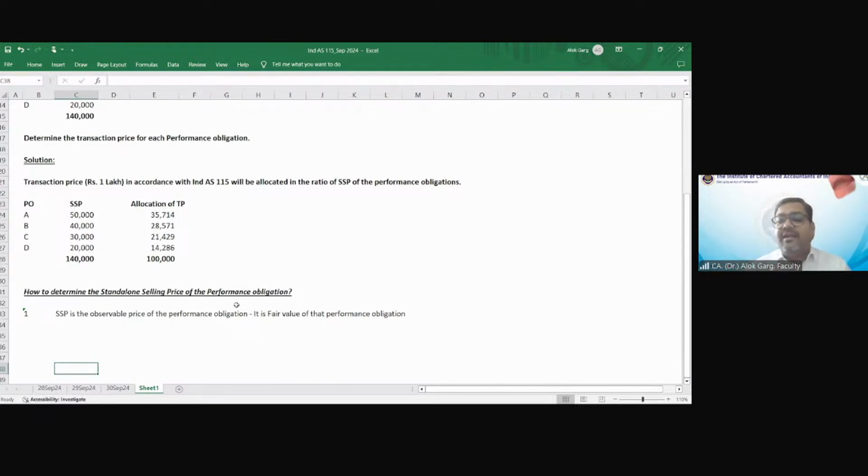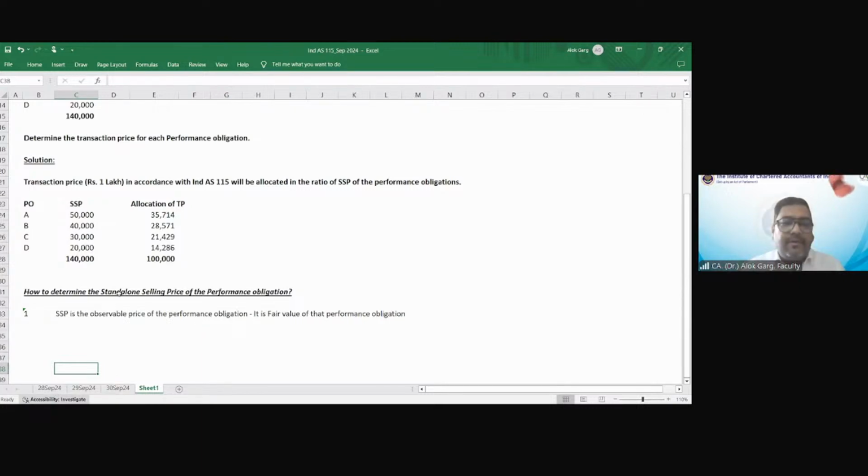It means there is an observable price. The observable price, the fair value of the goods and services, is available, as the entity is selling those goods and services separately. For example, the entity is selling the air condition unit at 45,000 rupees.